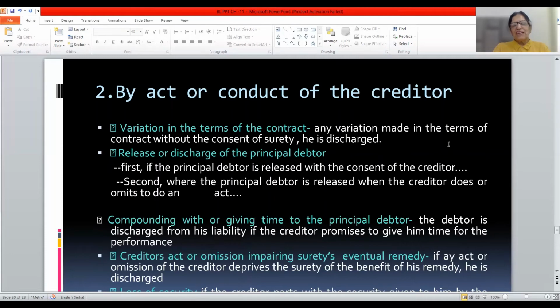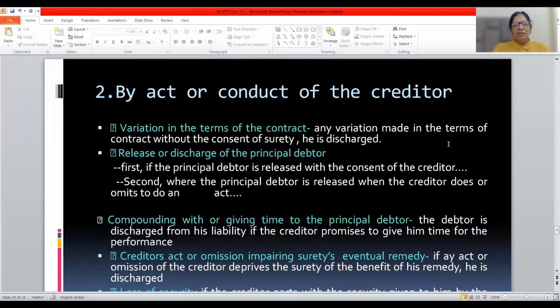So for the first act, surety will not be held liable because he does not know, he is not aware of this. Creditor, employer has destroyed the surety's eventual remedy. Had he known this, he would have taken the proper action. He would have lodged the FIR, which he cannot do now. Okay, so friends, any act or omission on the part of creditor which destroys surety's eventual remedy will discharge the surety from his liability.